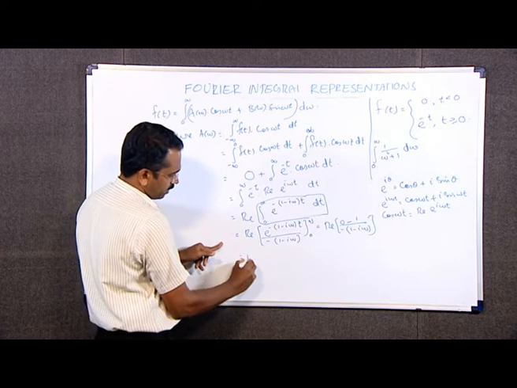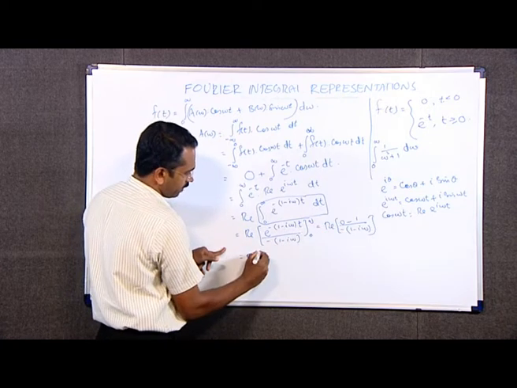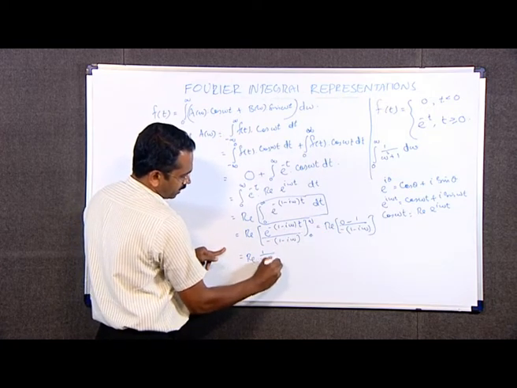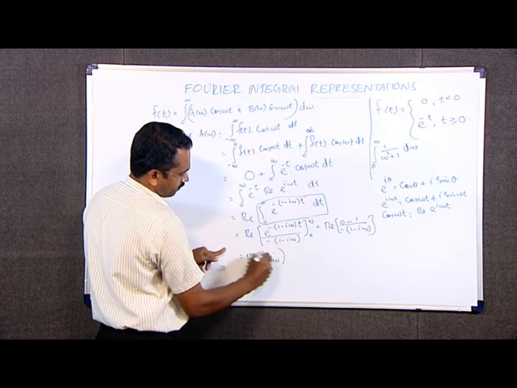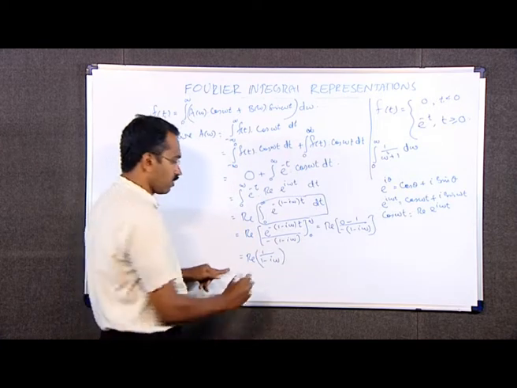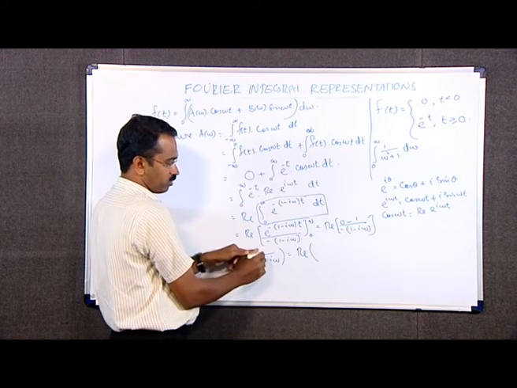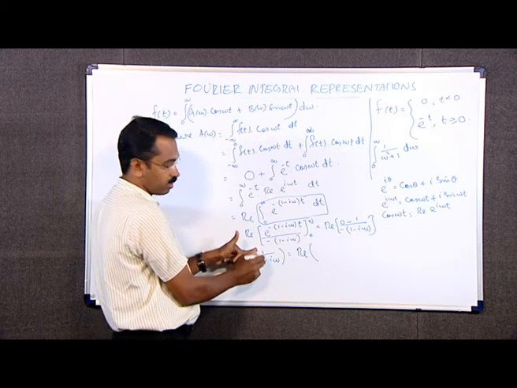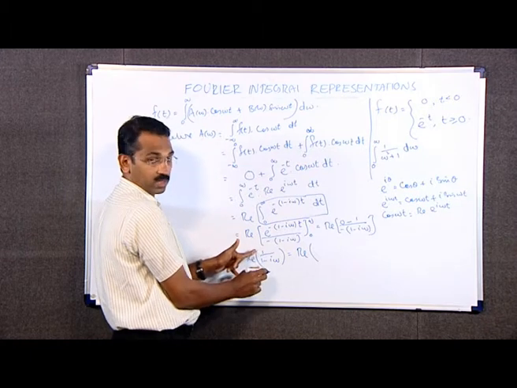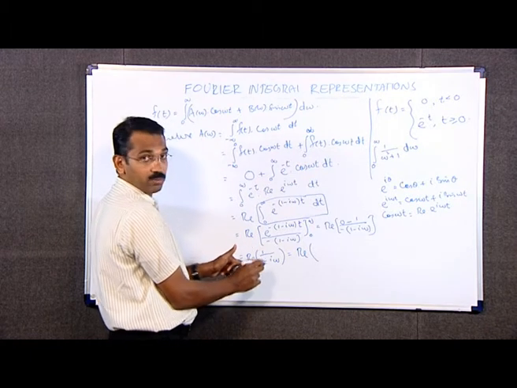That is real part of 1 by 1 minus I omega, which is equal to real part of, we multiply both numerator and denominator by 1 plus I omega.